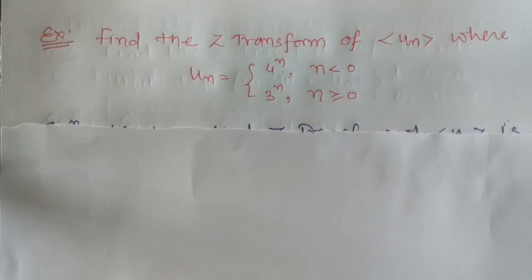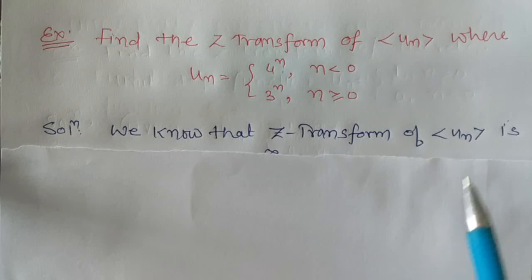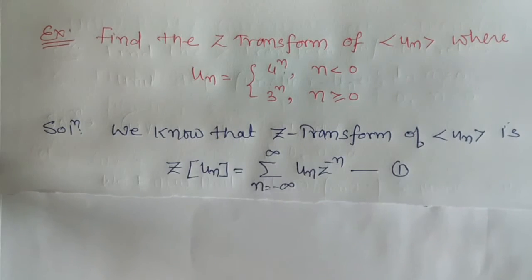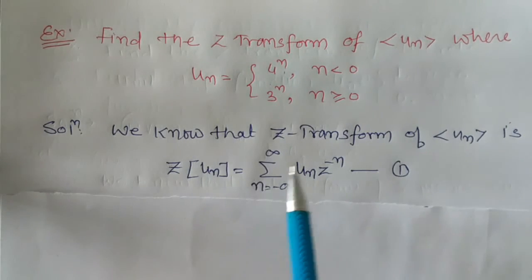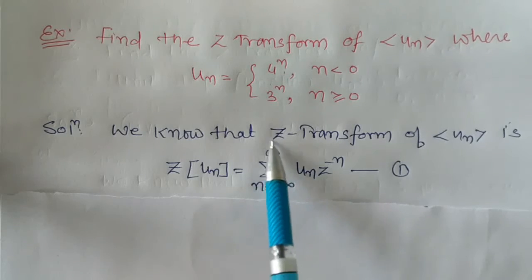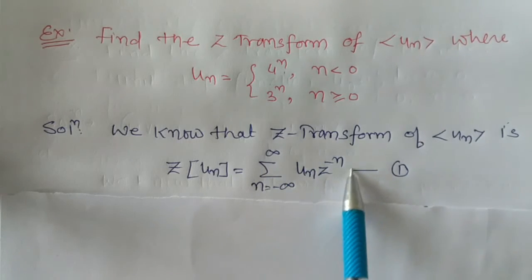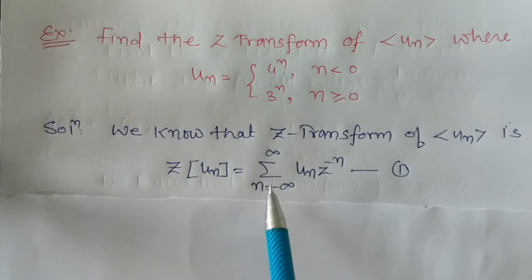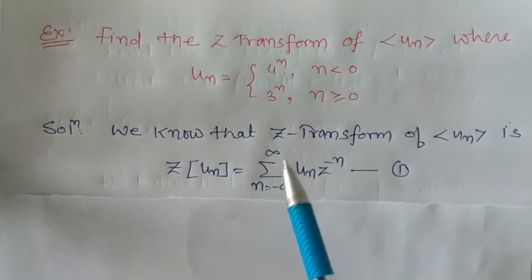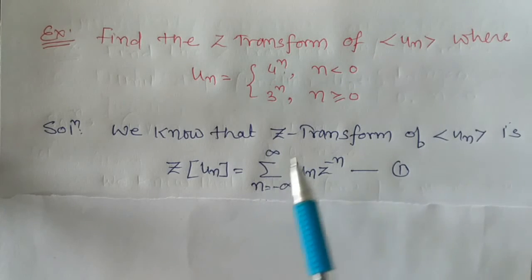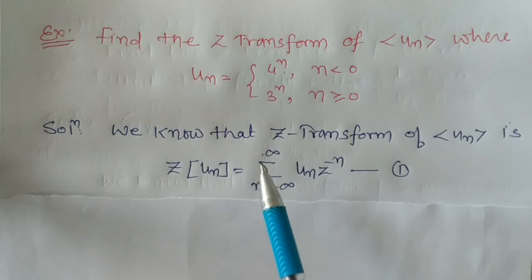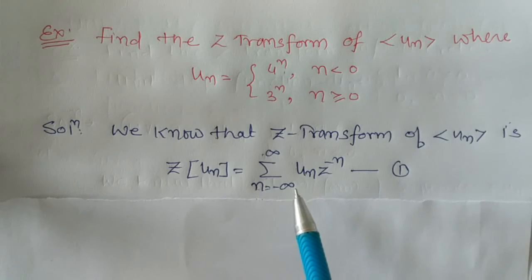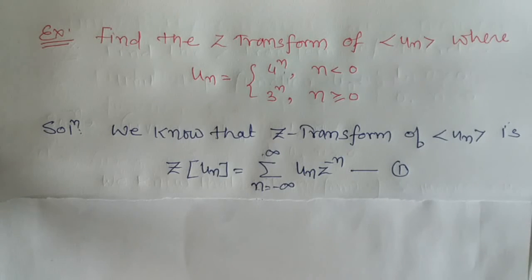By definition, the z transform of the sequence u(n) is given by summation n goes from minus infinity to plus infinity u(n) into z power minus n. Now we split this summation in two parts: for the negative range of n, minus infinity to minus 1, and for the positive range of n, 0 to infinity.